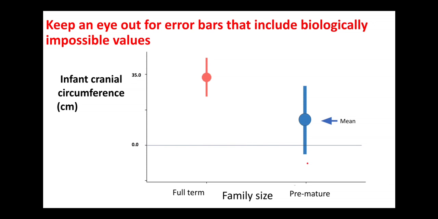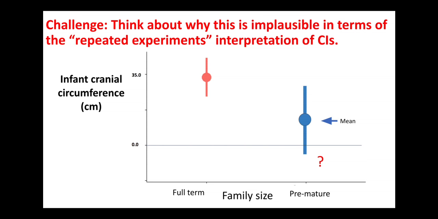Now, that means that your error bars are indicating that a possible repeat of the experiment could occur below 0. So think about the definition that I just gave you and think about why that error bar is indicating that a repeat of the experiment could possibly yield a value below 0.